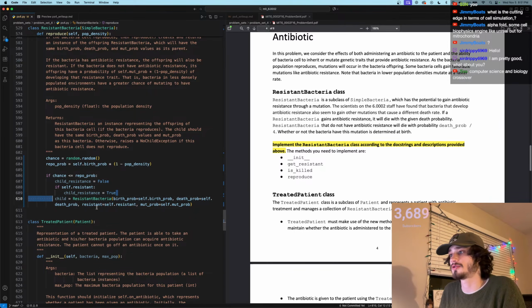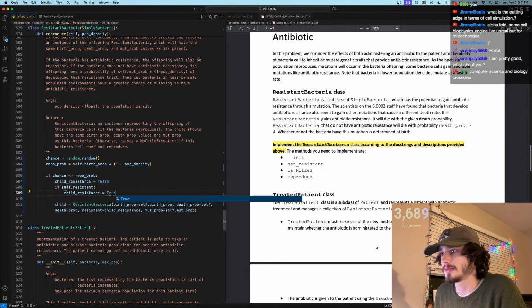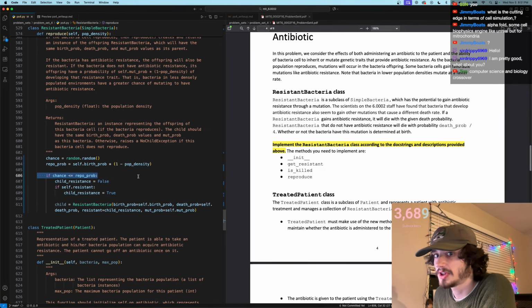And then we'll set it to true here. So what will happen is if the chance is within the probability, then we are going to flag the child resistance as immediately false.